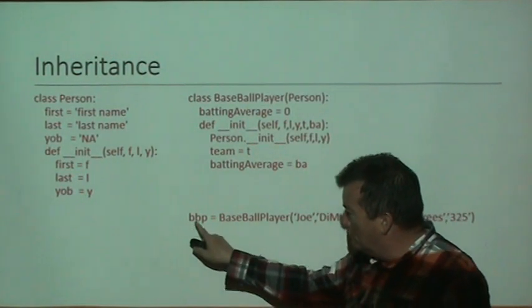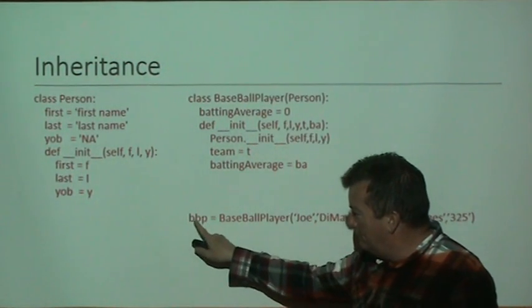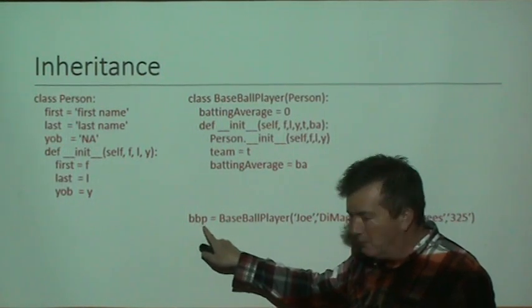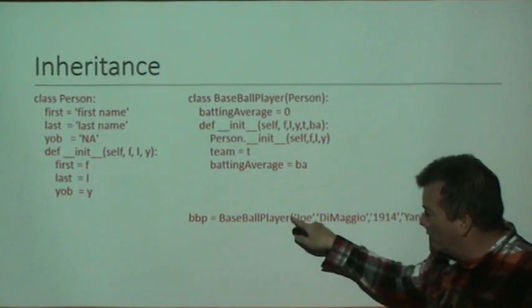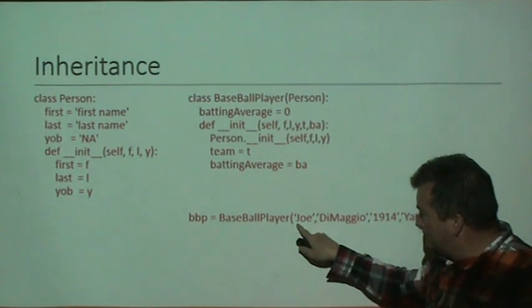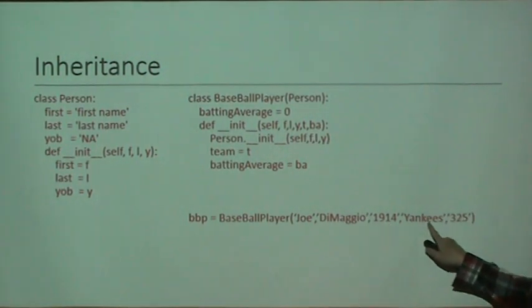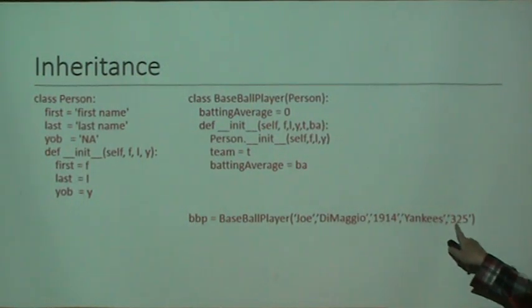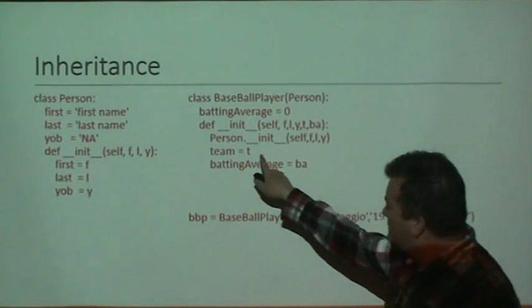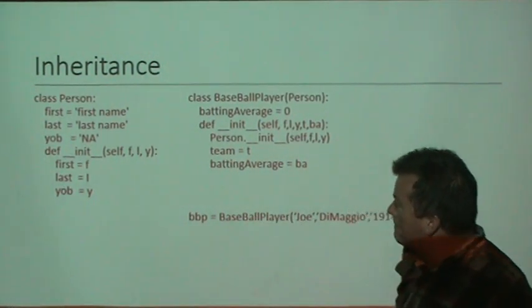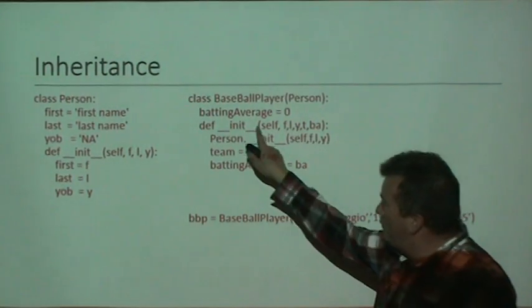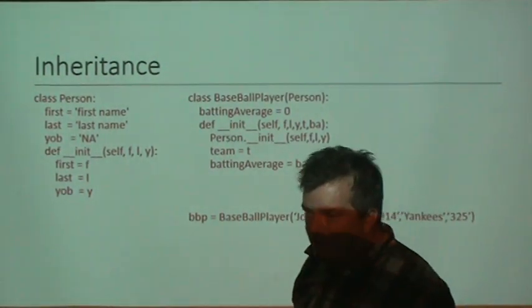So I can make a variable called BBP, baseball player. That's a variable. And I'm going to say it's equal to a baseball player, and I'm going to put as my input Joe DiMaggio, 1914, Yankees, and batting average. Oh no, I have a team, right? I have a team. Okay. So your default batting average is 0, but I don't have a default team for you.